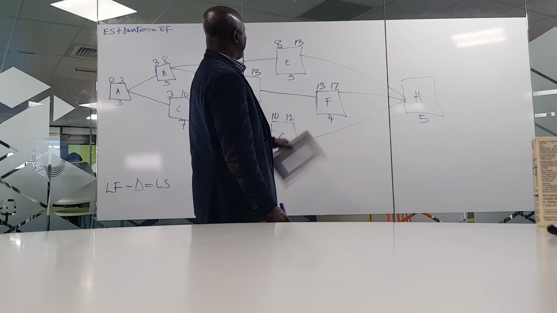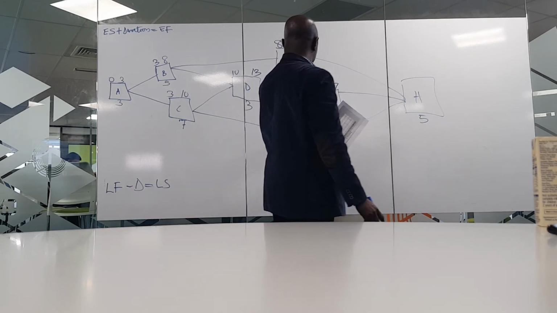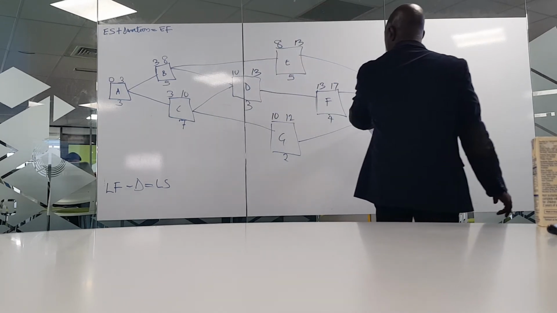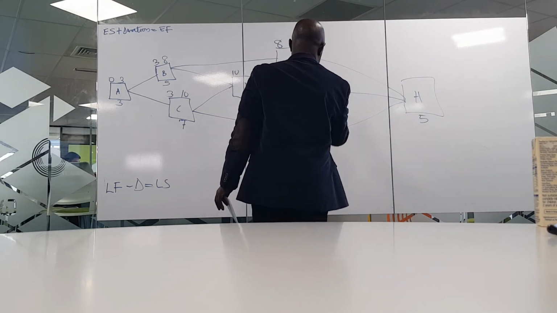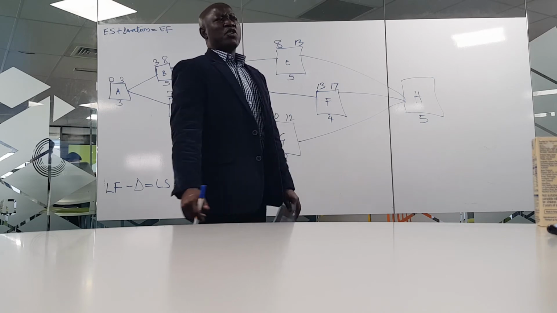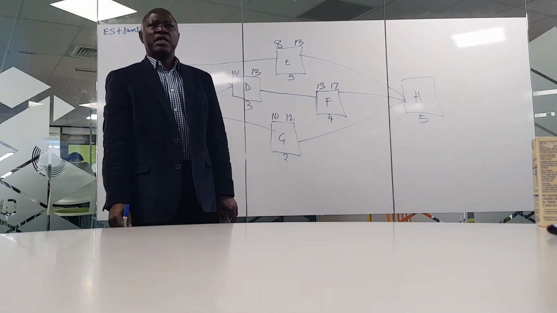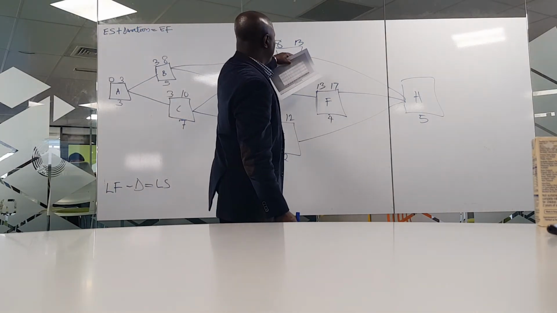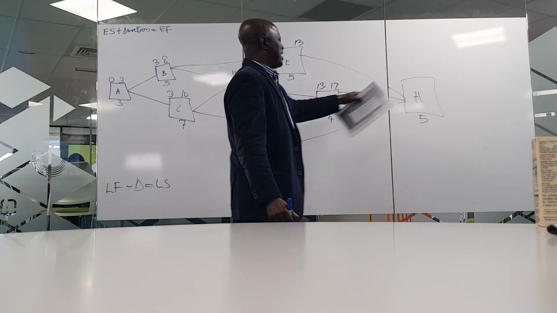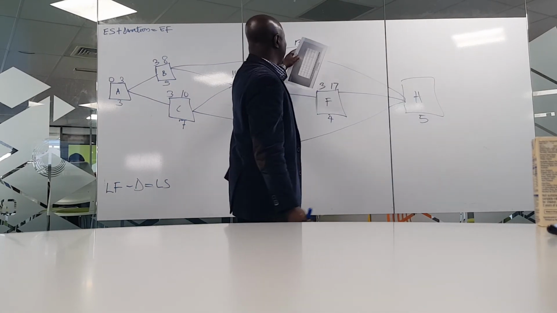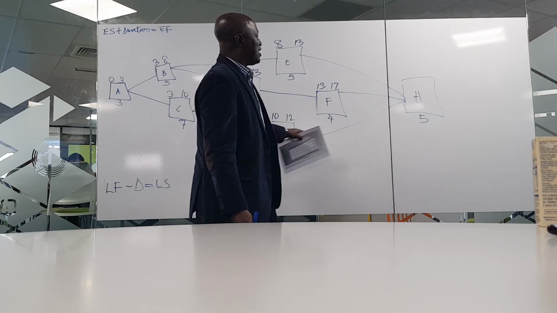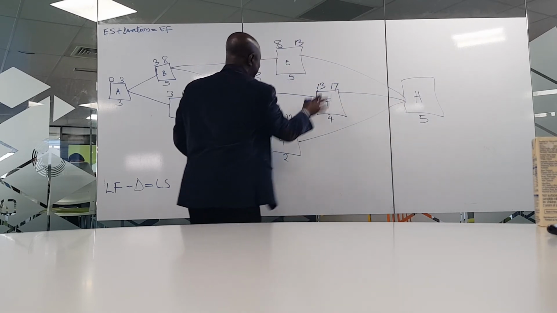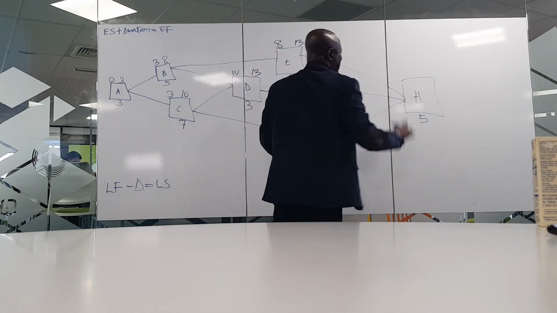Then we have activity H, right? Activity H is dependent on 3 activities, E, F, G. So what are we going to consider there? 17. Because even if G is completed on 12 days, or E on 13 days, H cannot start, because these 3 activities must be completed before H will be started.